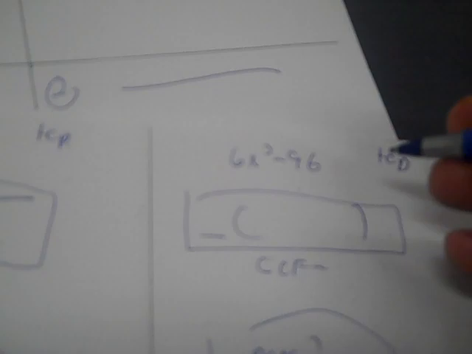Okay, so I don't need the negative, I don't need x, but the greatest common factor between 6 and 96 is 6. Okay, so 6 is factored out, and then divide by 6, and you get 1x to the second minus 16.